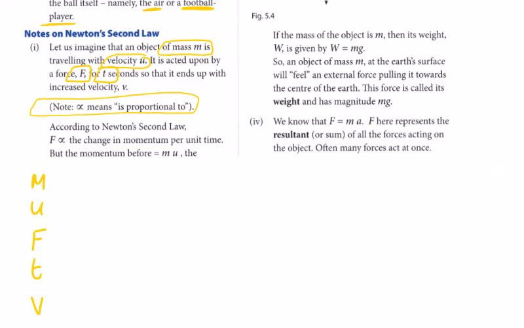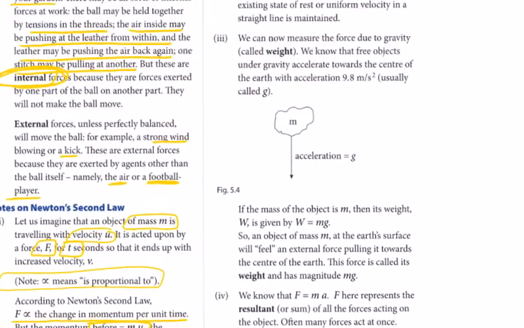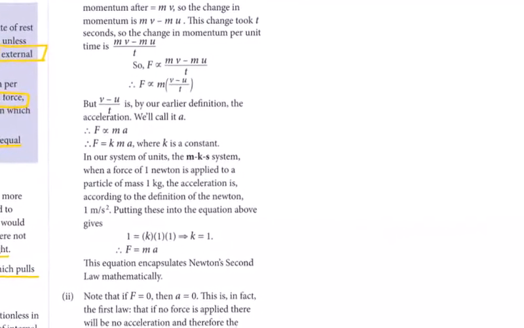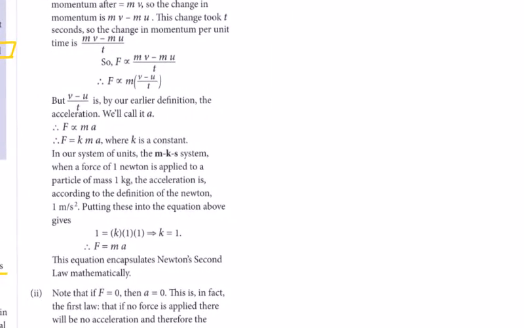And according to Newton's second law, force is proportional to the change in momentum per unit time. But momentum from before is this mu. Momentum is equal to mu. So the momentum after is m by the velocity, mv.